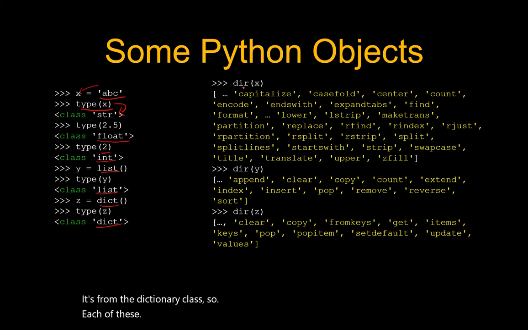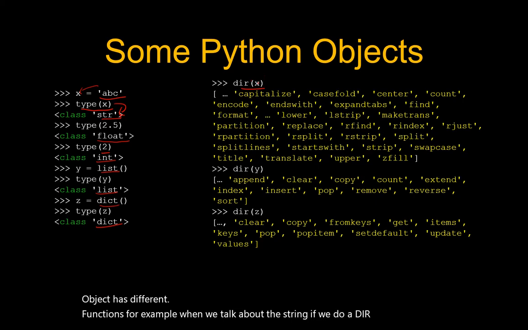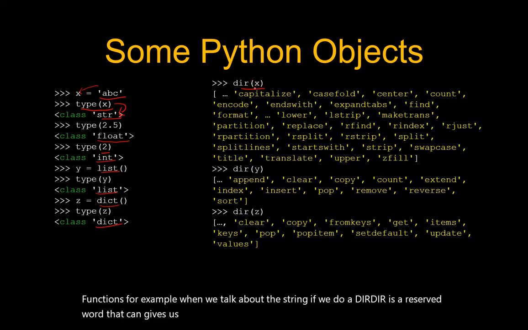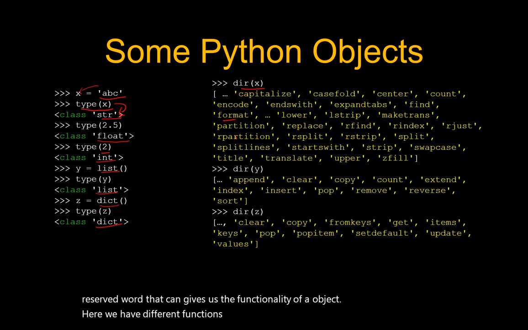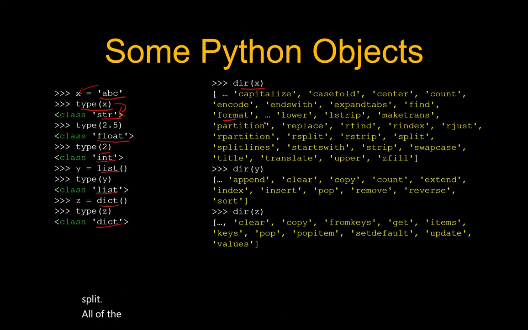Each of these objects has different functions. For example, when we talk about the string, if we do a dir, and dir is a reserved word that gives us the functionality of an object, here we have different functions of the object: format, partition, replace, rsplit, lsplit, all of the functions or methods that are related to the string.